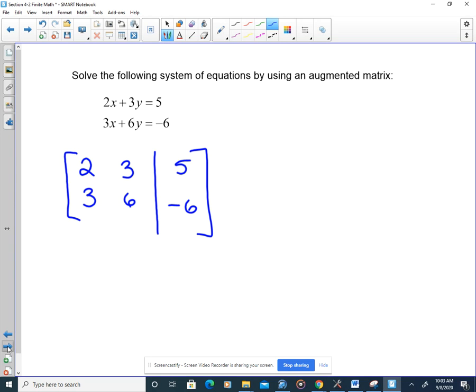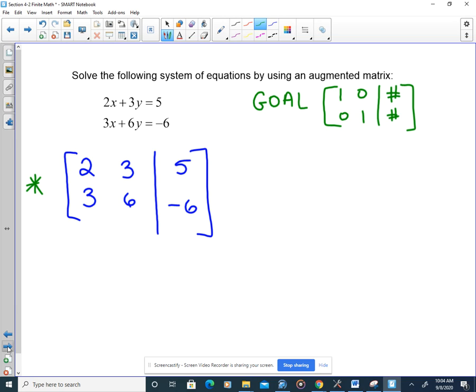So now here's our goal. What we want to do is use row operations to change this matrix right here into this matrix. 1, 0, 0, 1, and then you got numbers over here.